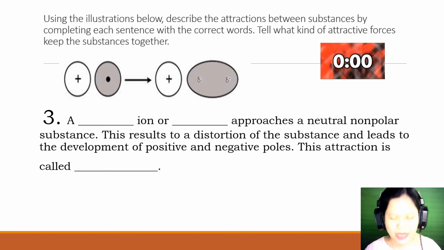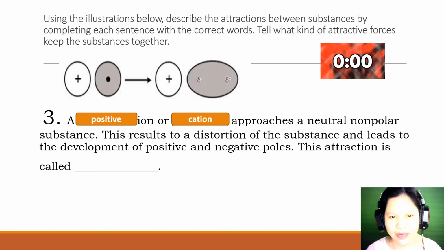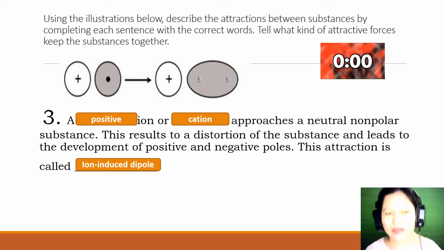Okay, so let's check. You have a positive ion, or we call that one a cation. And then the attraction is called ion-induced dipole. As you can see in the given diagram, there is an induced dipole.